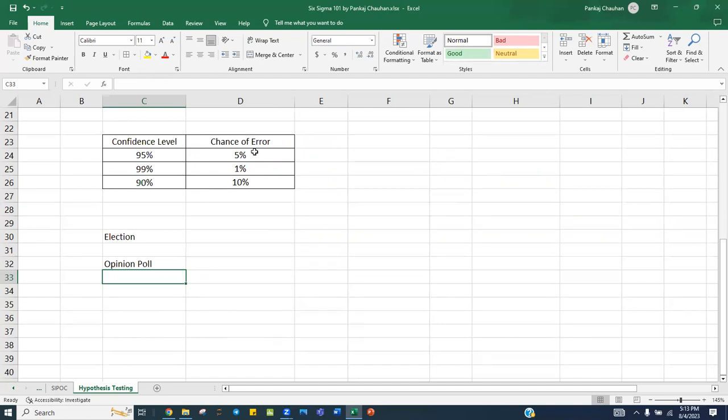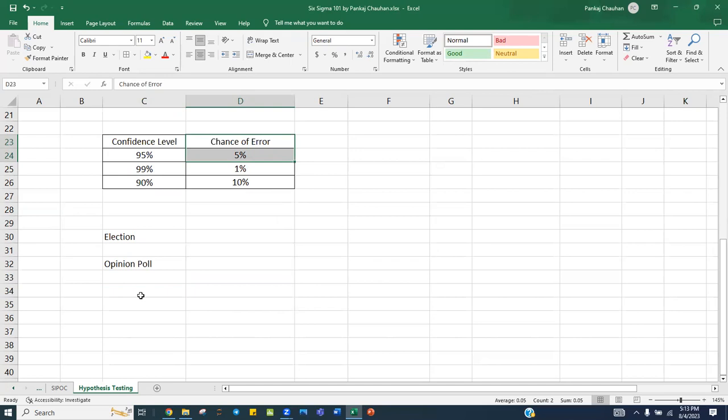They are always taking a 5% chance of error, and many times you have seen that what they predict is not true. Maybe they predict that person X will win the constituency, but actually the person will not win. That means they are making a decision error. Or many a time, they will say this person will not win, but that person turns out to be the winner.